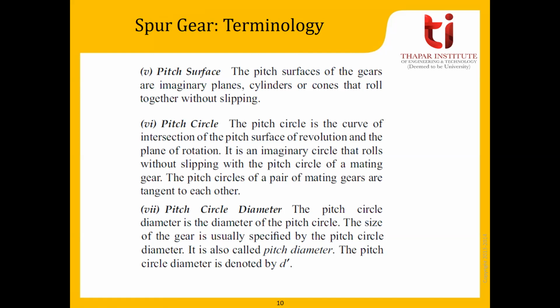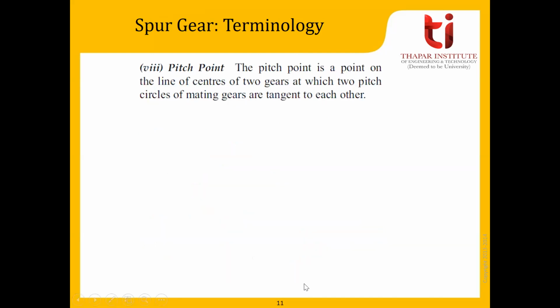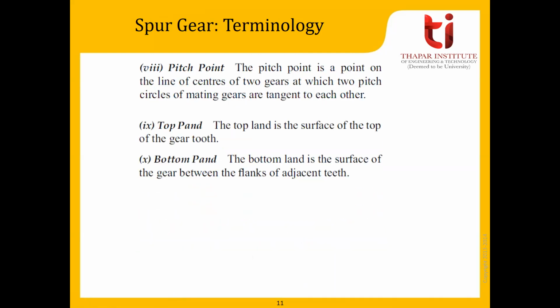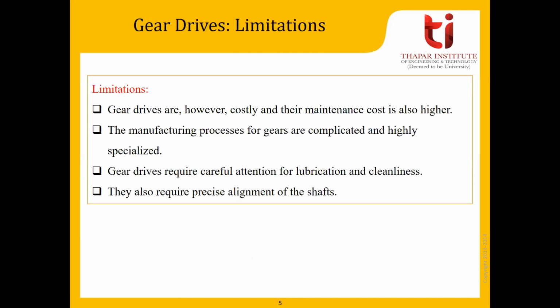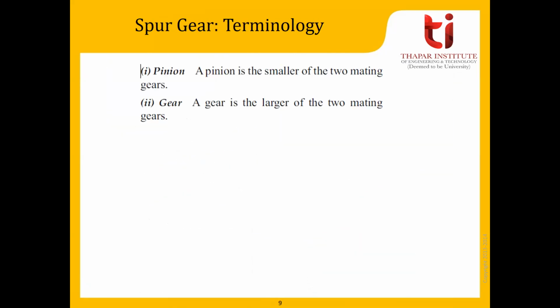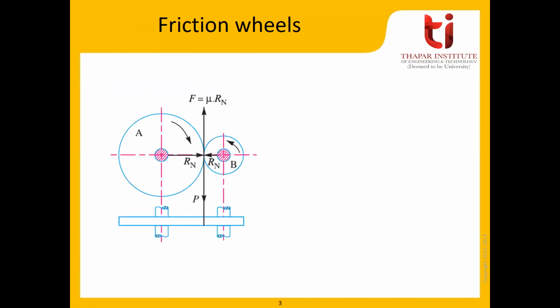Pitch circle diameter. The diameter of the pitch circle is known as the pitch circle diameter, and during this lecture we will designate it by d prime. Then the pitch point. The pitch point is the point on the line of centers of two gears at which the two pitch circles of mating gears are tangent to each other. So in this case, you can say this point is the pitch point, right?